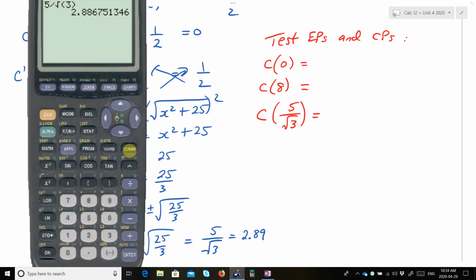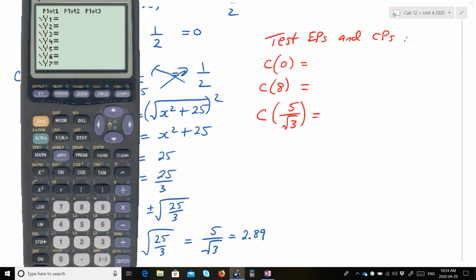All right, let's get out our calculator. Let's do the cost function. It is the square root of x squared plus 25 plus 4 minus a half x, or x over 2.